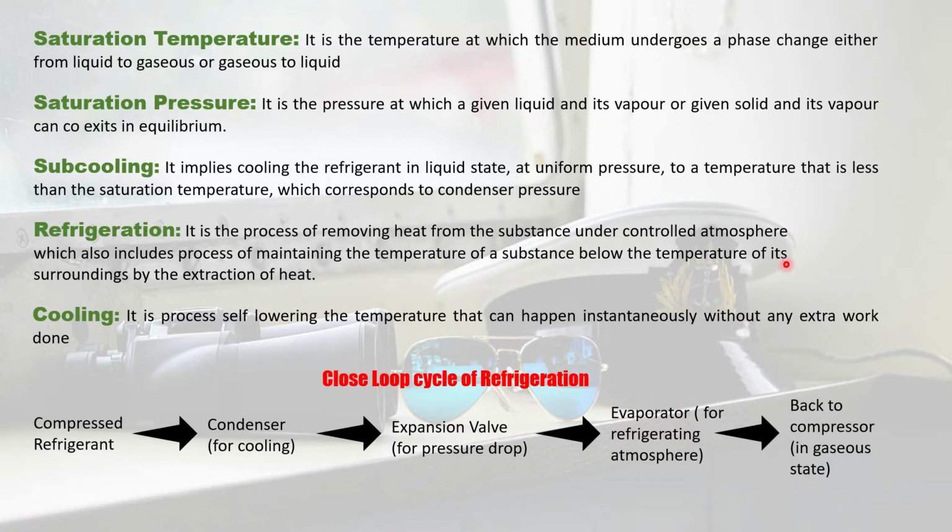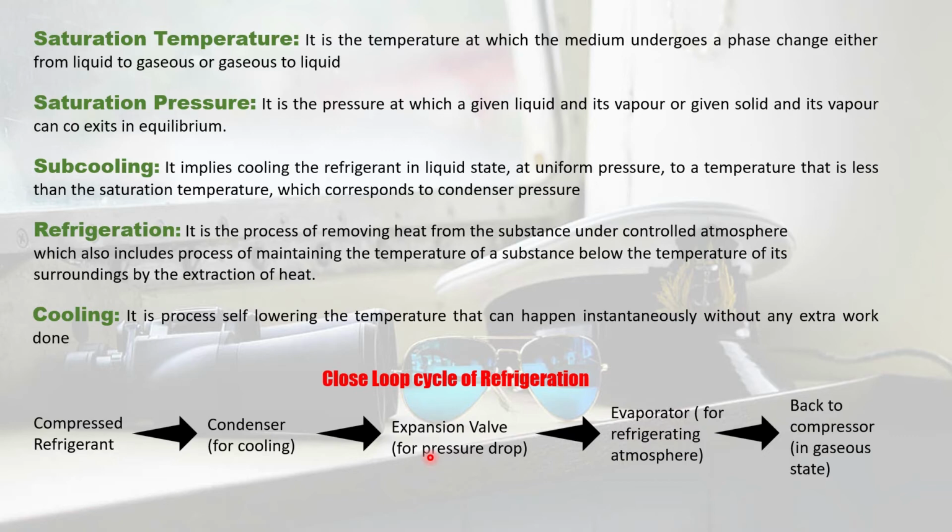Now let us quickly recap the closed loop cycle of the refrigeration system. For the closed refrigeration system, the flow of refrigerant starts from the compressor discharge side. The compressed refrigerant flows to the condenser for cooling and undergoes a phase change from gaseous to liquid. After the phase change, it is sent to the expansion valve for pressure drop.